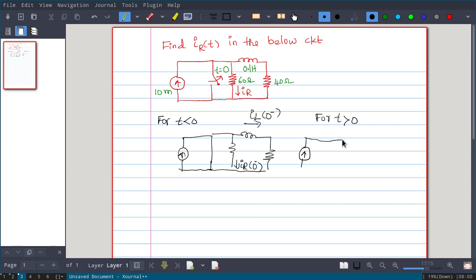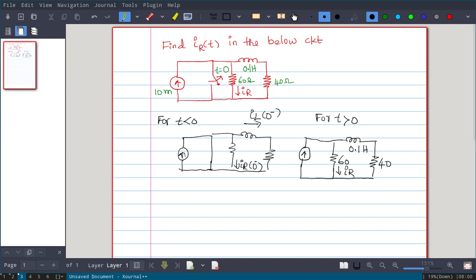So this directly goes like this, and you have 60 ohm, 40 ohm and 0.1 Henry, and the current flowing through this is IR, and this current is 10 milliampere. Okay, so this is IR at t greater than 0. Now we will solve this one.